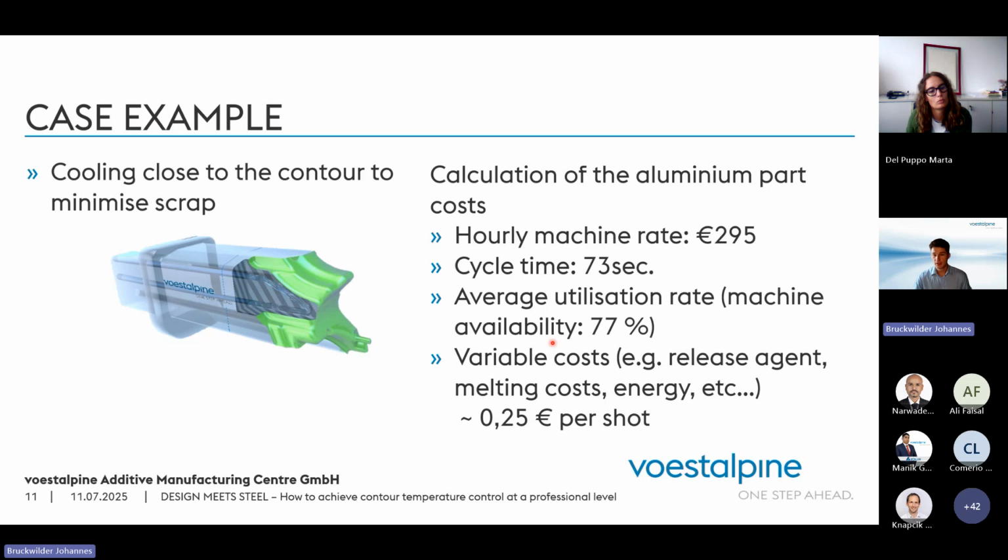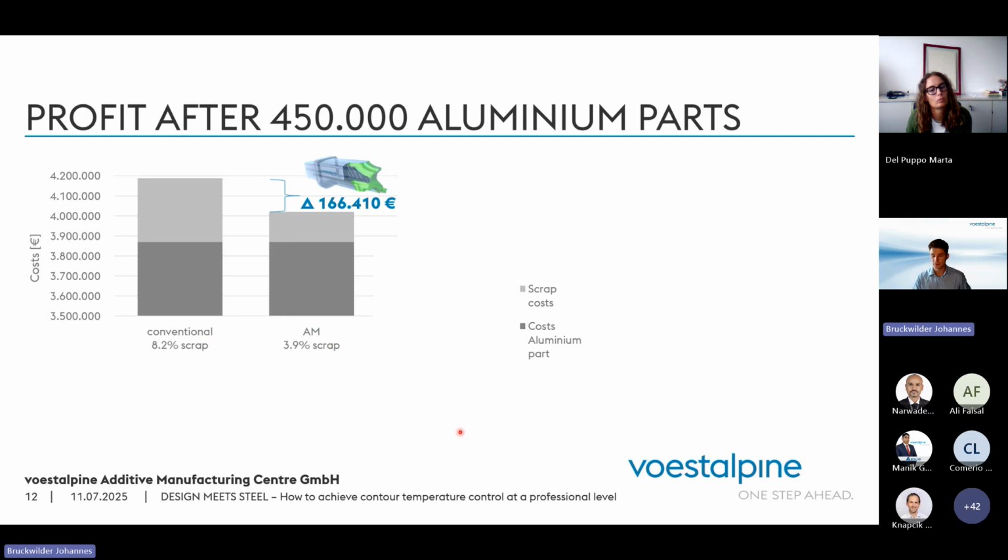Here is one example. This is a slider, as you see, with a contour temperature control. Here is the calculation. The hourly machine rate was approximately 300 euro. Cycle time was 73 seconds. We had a utilization rate of the machine of 77%, and all the variable costs are calculated with approximately 25 cents per shot.